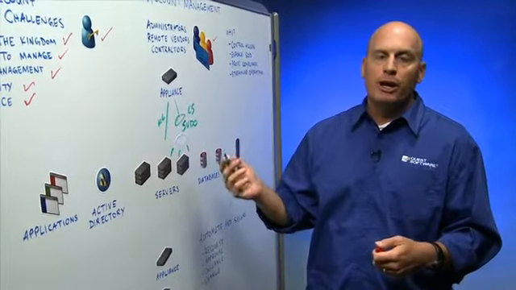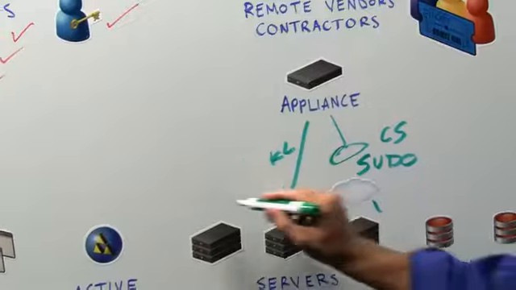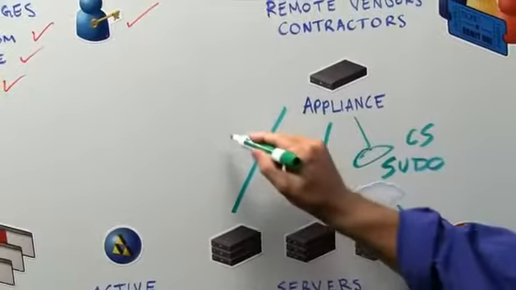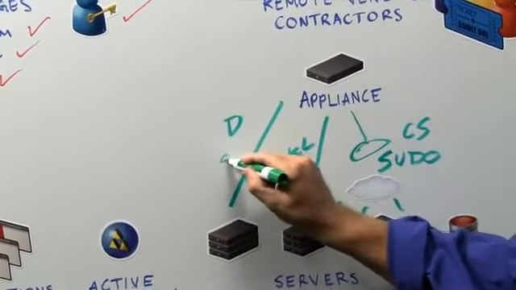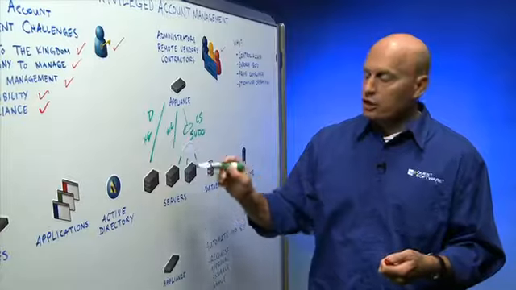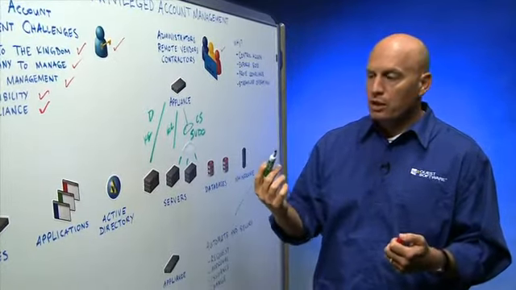You may have some super highly secure Unix or Linux servers that are going to need more than that. For those, you can add a heavier weight delegation and keystroke logging functionality that's going to give you the stuff that your auditors are really going to need on those most important servers.